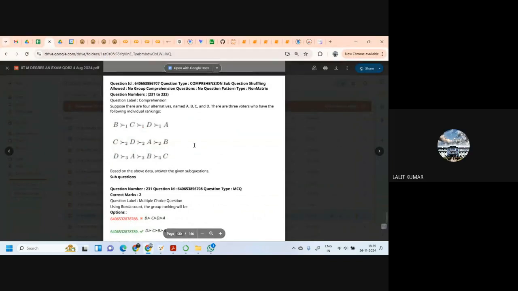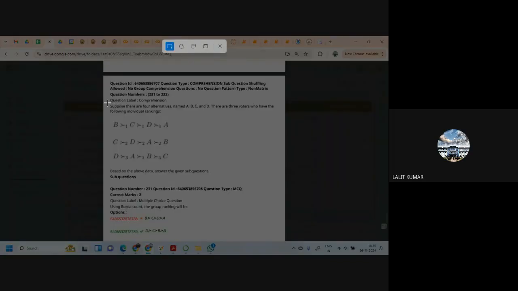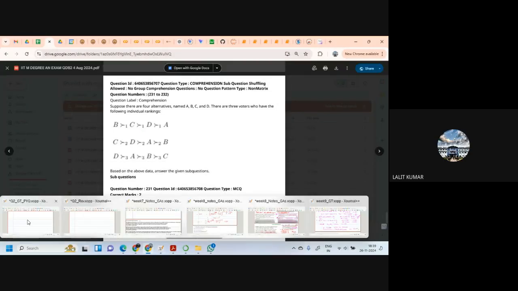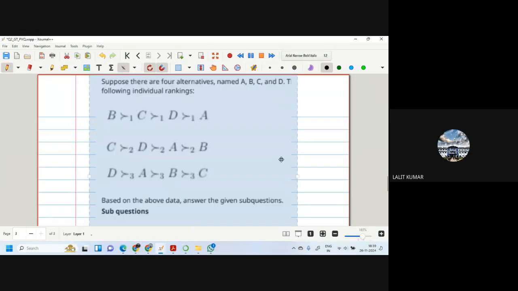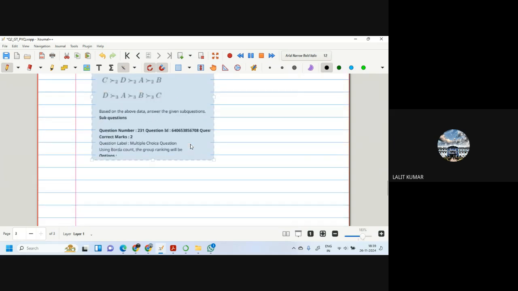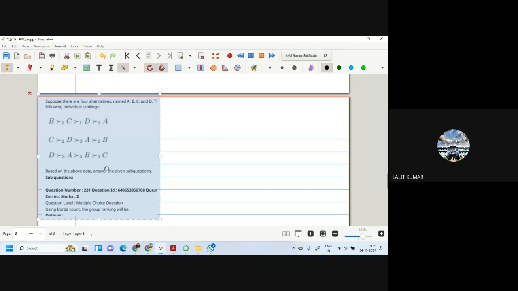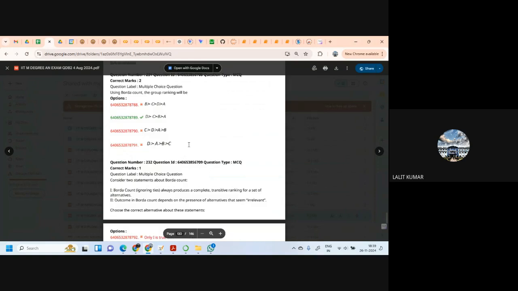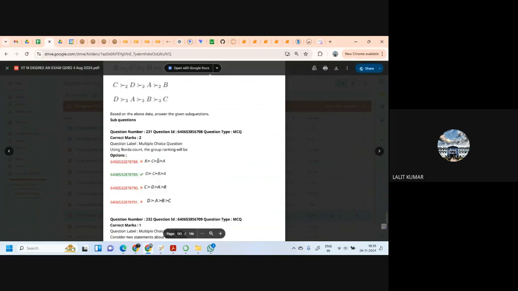Let's go to the next one. Now, suppose there are four alternatives. This is the Borda count. Using the Borda count, what will the group ranking be?